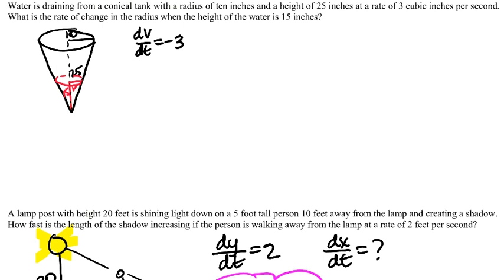I'll make that a proportion: 10 is the radius, as r is to 15. Okay, so that's 150 equals 25r, meaning r is 6.